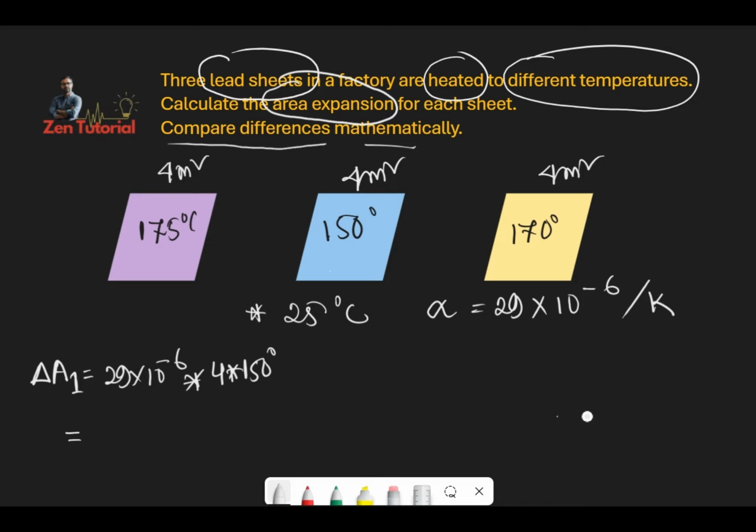So del A1 is equal to 0.0348 meters square.